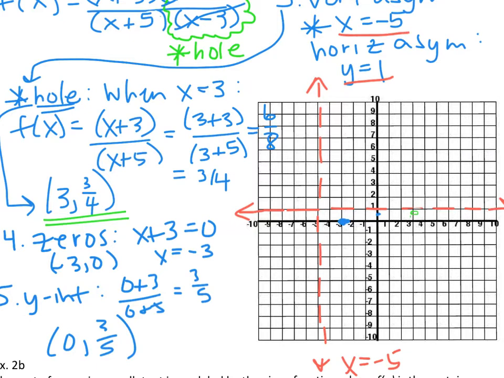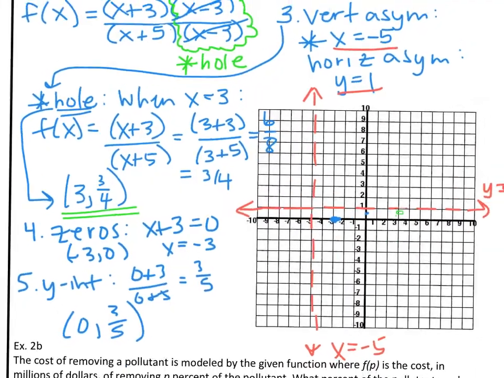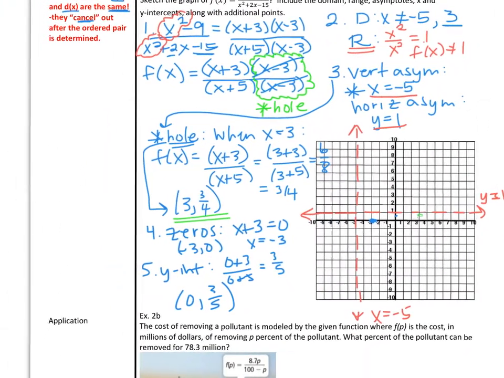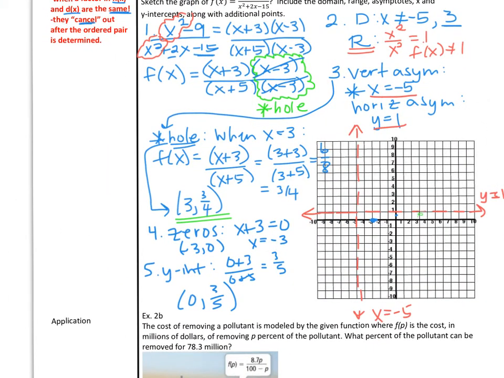We'll zoom back out so that we can make our table. I'm going to put my tables over on the left since I ran out of room in my workspace. Let's plot some additional points, and we'll use our vertical asymptote as our guide.